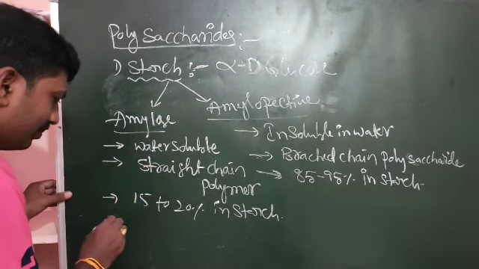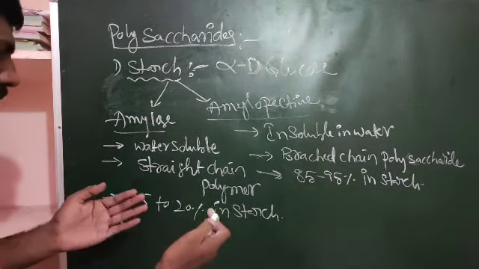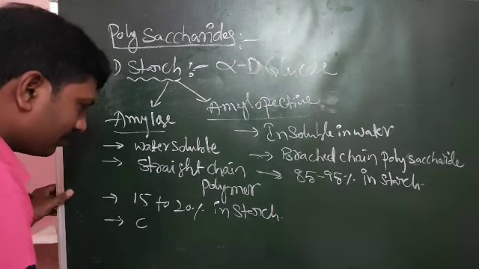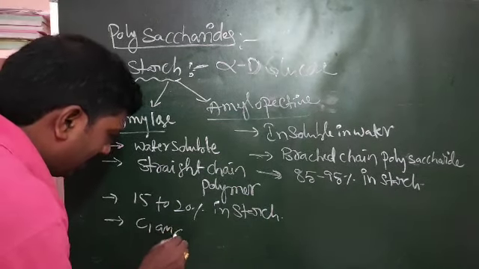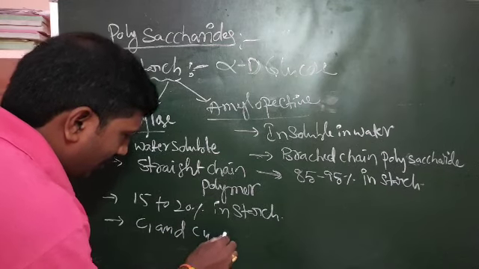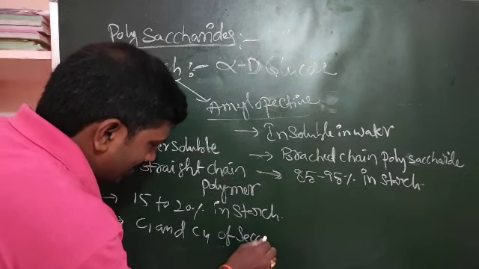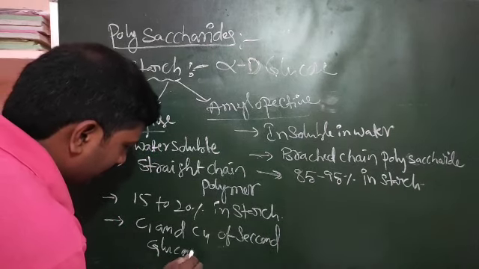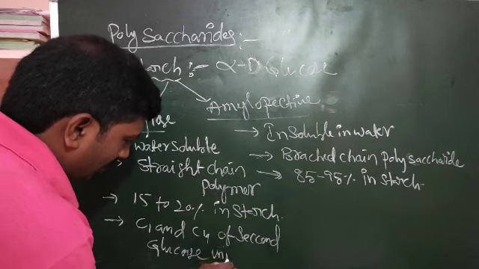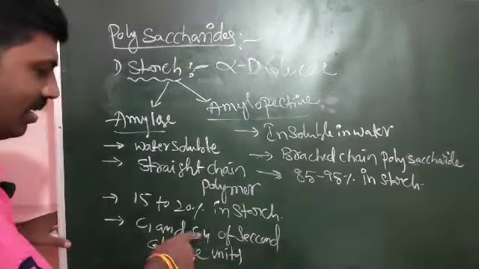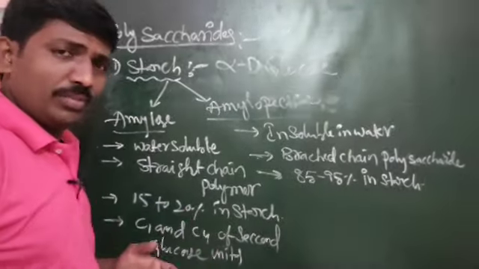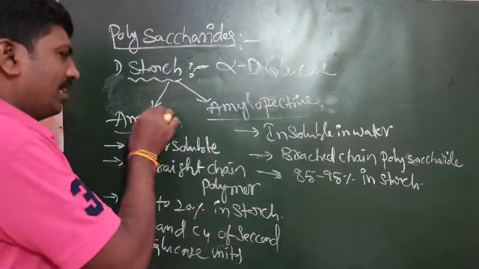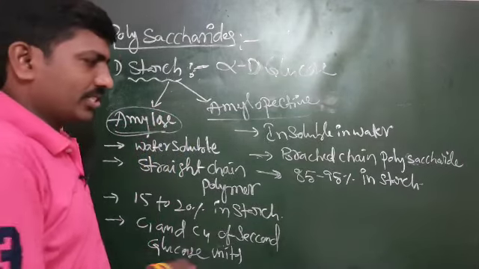In the straight chain, one monomer joins another monomer through carbon 1, C1, and C4 of the second glucose unit. The first carbon of one glucose unit and the fourth carbon of another glucose unit form a glycosidic linkage.